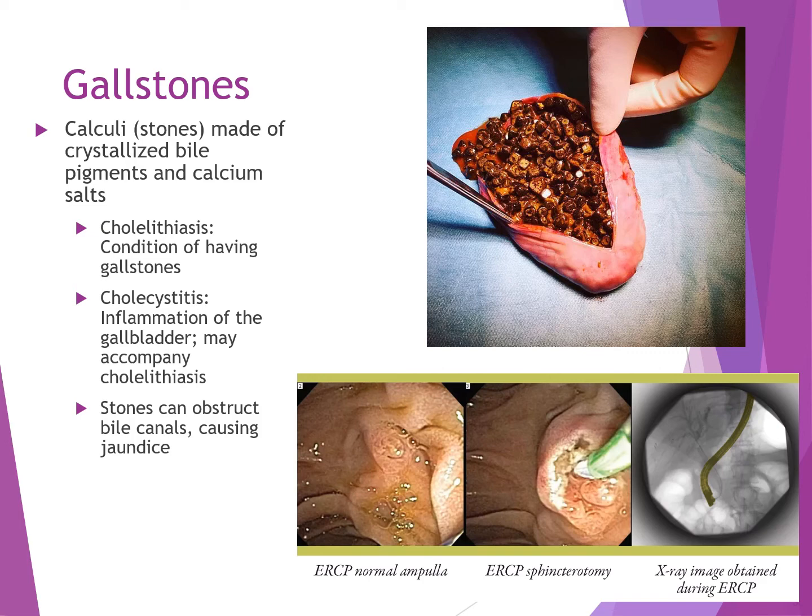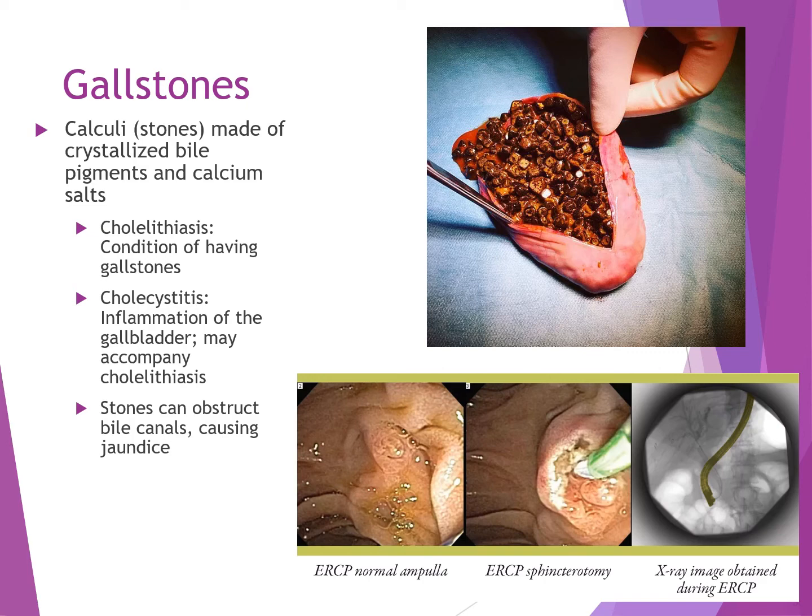How do we know if there's stones stuck there? Well, oftentimes intraoperatively, we will perform something called a cholangiogram, and the cholangiogram allows us to inject dye intraoperatively into the biliary tree, take some x-rays, and see if there's any stones in there.